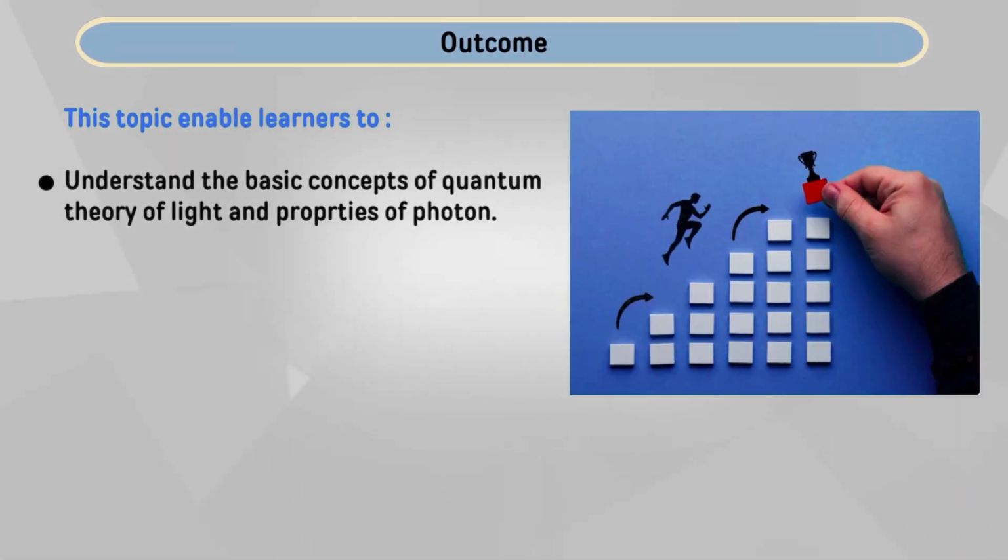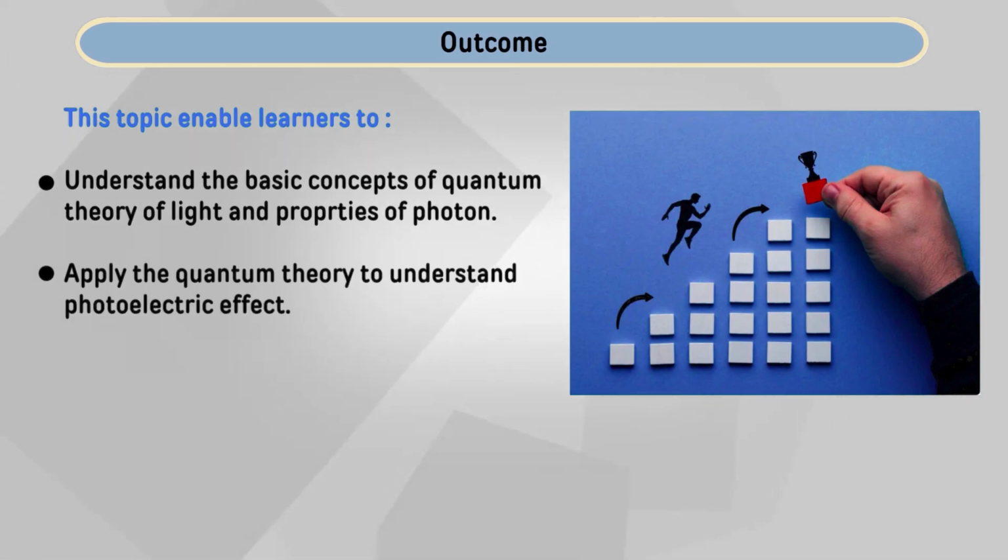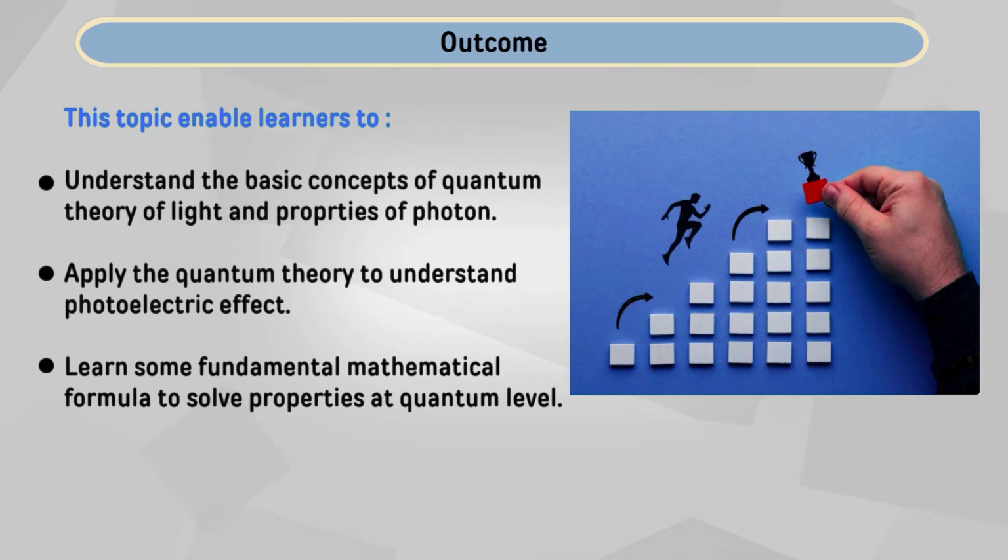After going through this lecture, you will be able to understand the basic concept of the quantum theory of light and the properties of the photon to explain the photoelectric effect, apply the quantum theory to understand the photoelectric effect and related properties, and learn some more fundamental mathematical formulas to solve different problems related to the photoelectric effect at the quantum level.